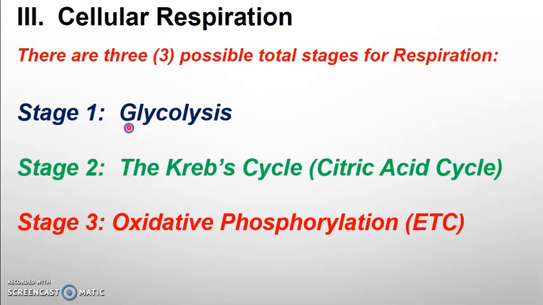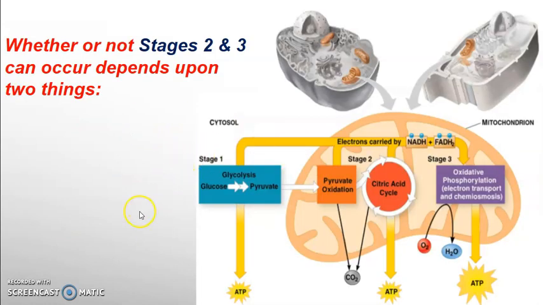All right, let's dive right into the first stage right now, which is glycolysis. Before we actually do it though, I just want you to keep this in the back of your head. The only reason why a cell would only do glycolysis and not move on potentially to the next two stages, the citric acid cycle and oxidative phosphorylation, is if it didn't have one of these two things.